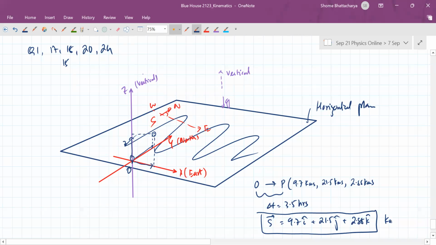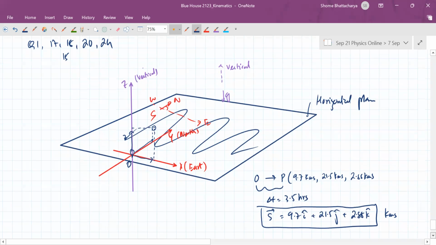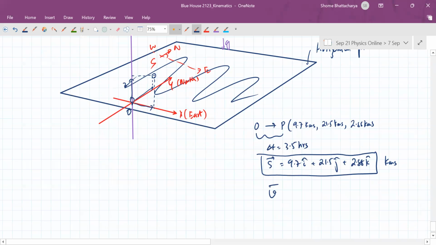And the time is this one. The average velocity is just that displacement divided by the time. The magnitude of average velocity will just be the magnitude of displacement divided by the time. So this is the time, this is the displacement, and from that you will get these two things.